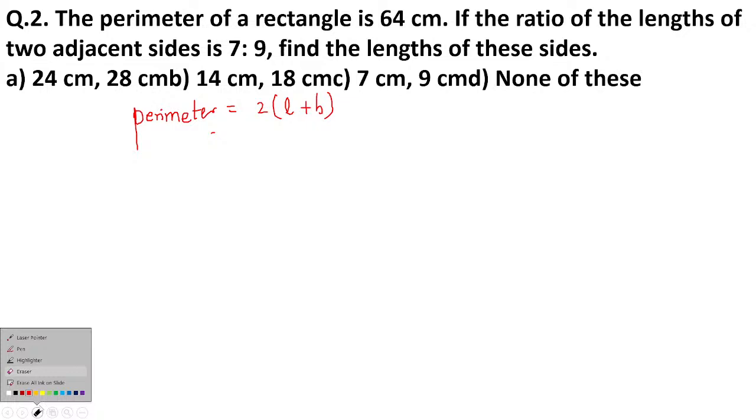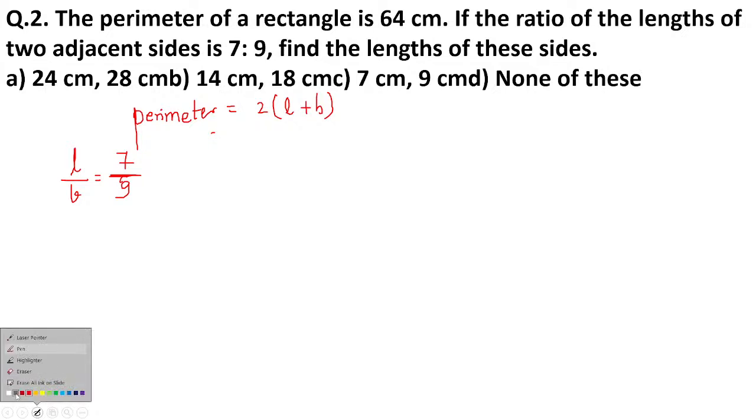Okay. So do we know the actual length, students? No, we don't know the actual length, nor do we know the breadth. What we know is their ratio. What is the ratio given here? Length upon breadth is equal to 7 by 9.